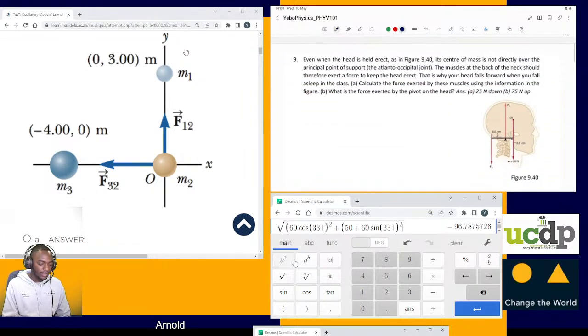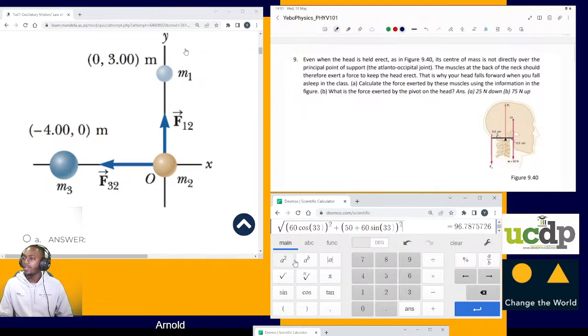Then question 9 is another question on static equilibrium. It says even when the head is held erect, its center of mass is not directly over the principal point of support, but the muscles at the back of the neck should therefore exert a force to keep the head erect.